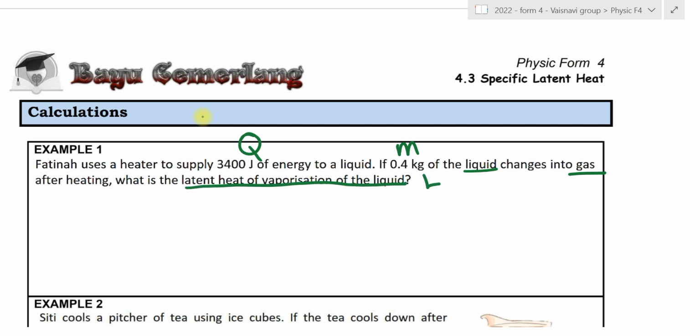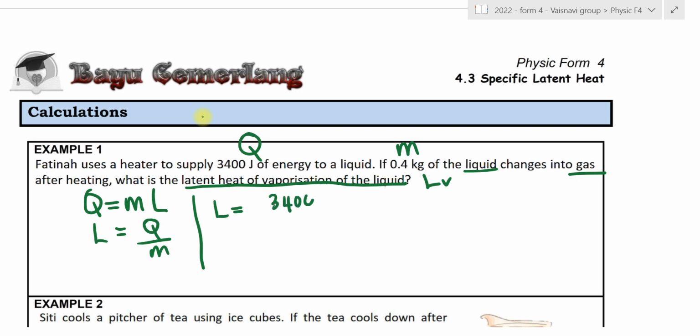Dia tanya LV. Okay. So Q equal to ml. Dia tanya L. L tu Q over M. Jadi L sama juga Q 3400 joule bahagi dengan 0.4 kg. How much is that? Great answer. Okay.